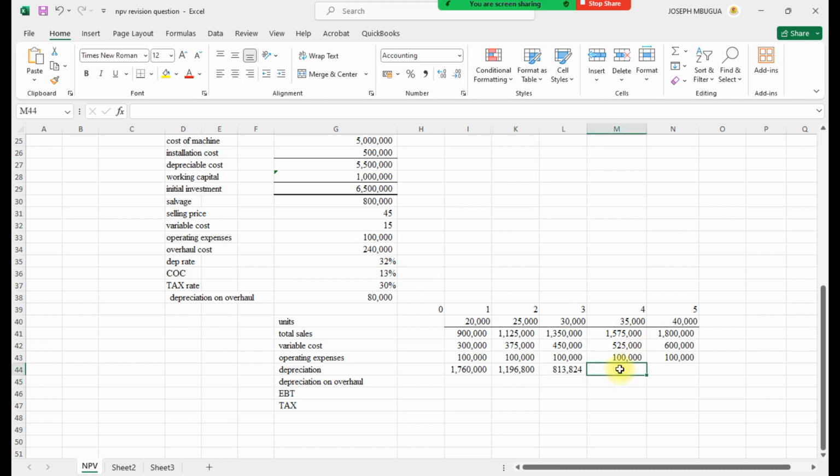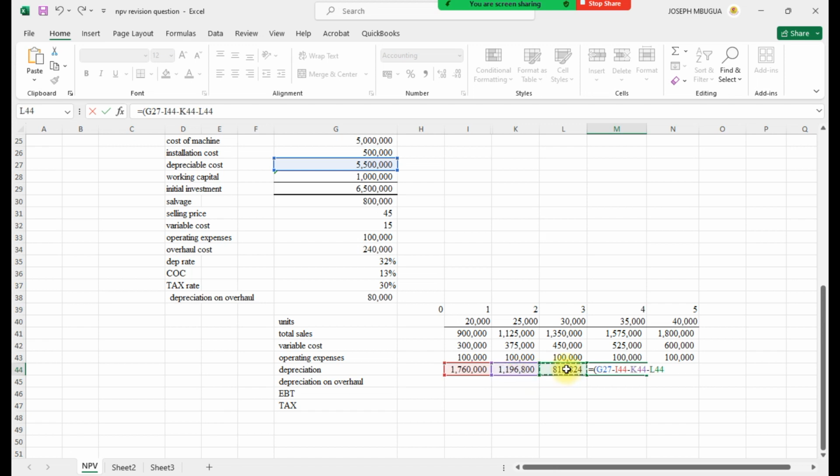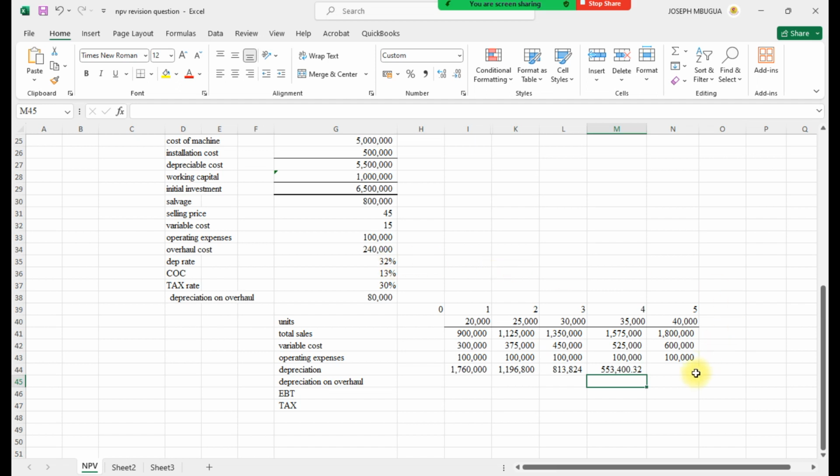The same when it comes to year 4: take the depreciable cost minus depreciation year 1, year 2, and year 3, and you multiply by our rate, and year 5 the same.